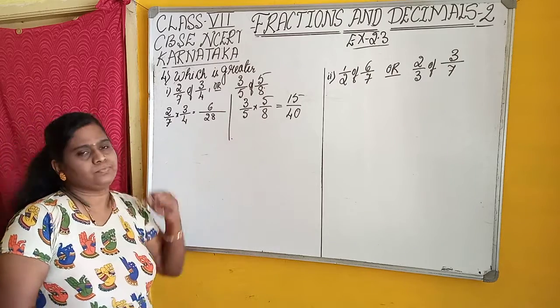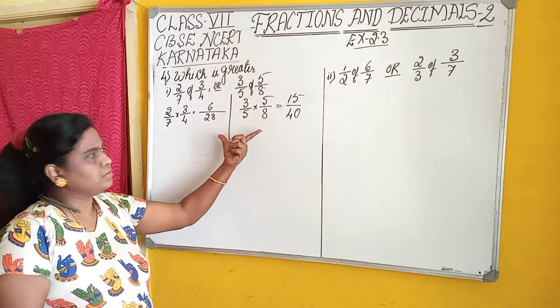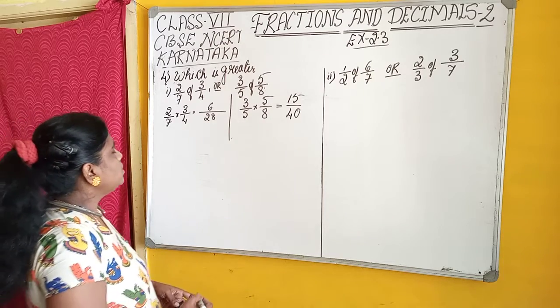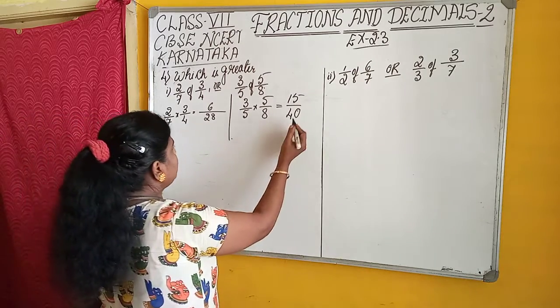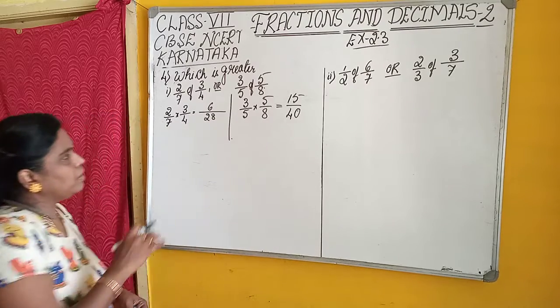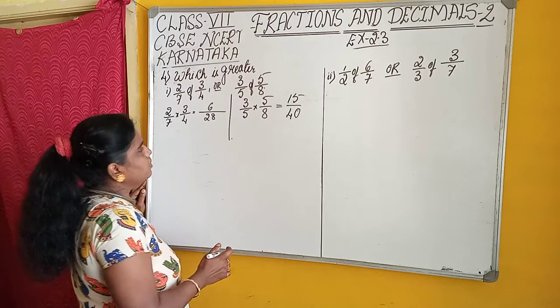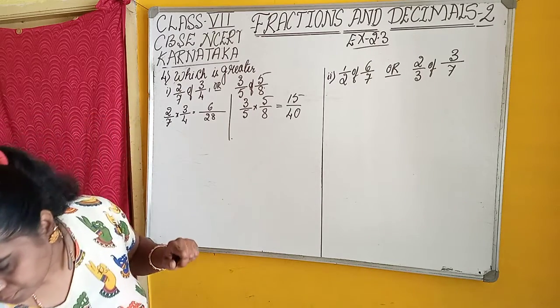How can we compare these two? Because the denominators are different. To compare, we can find the LCM for those two.